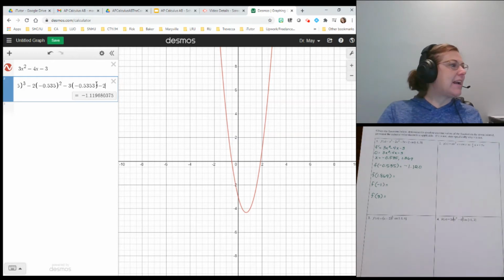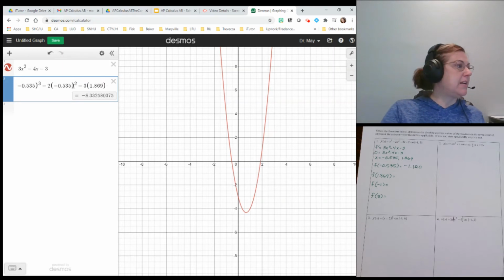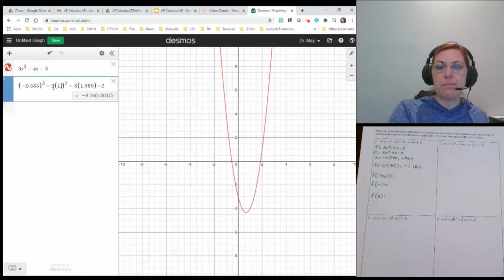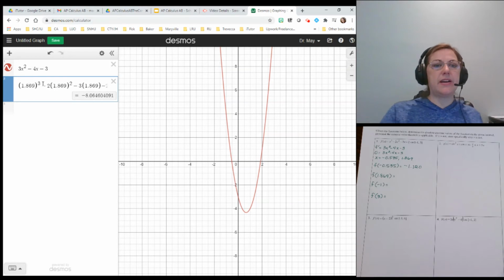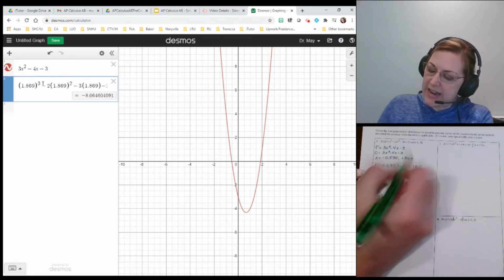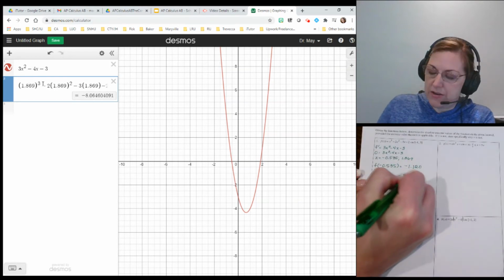Then I can go back into my statement here and change it because I want to do this for 1.869. So I'm just going to go back here and change those values, 1.869. There we go. And I get negative 8.065.